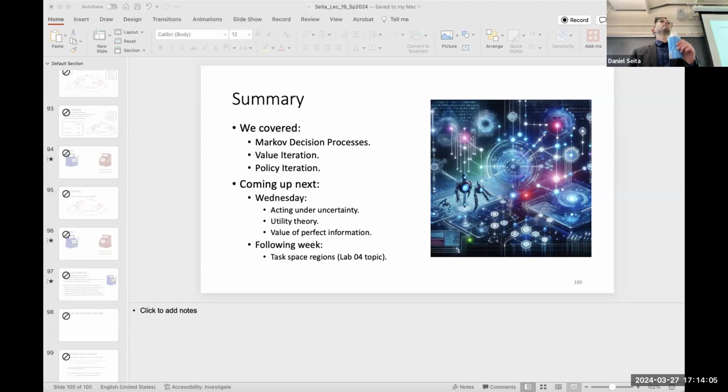Any questions? Pictorially, if you want to think of it as the same tree, with the triangles as the state, the ovals as the chance nodes that have the random variables, and the utility as the diamond, you can also think of it like that.